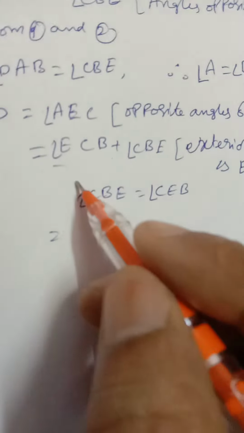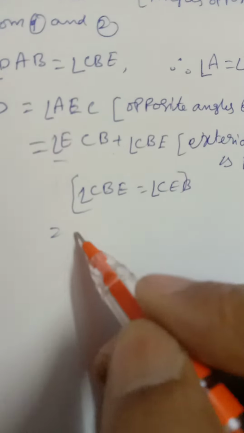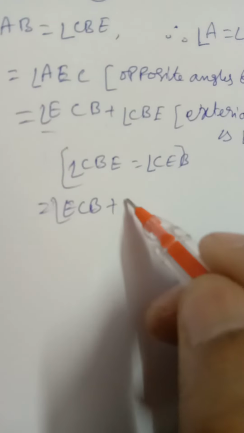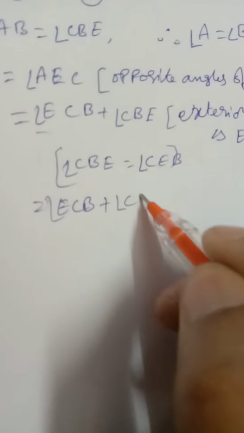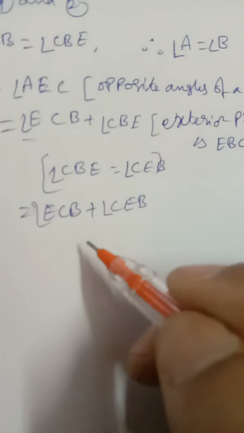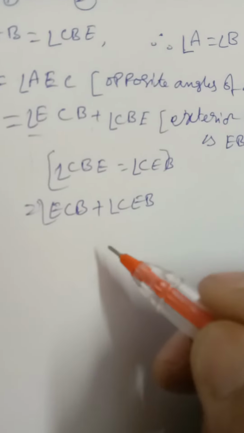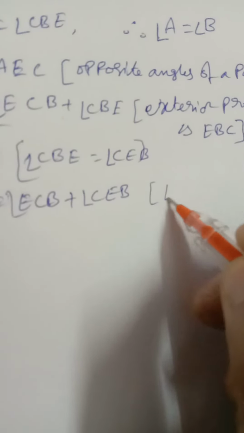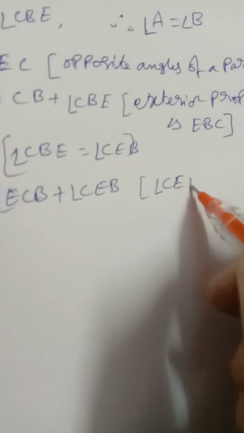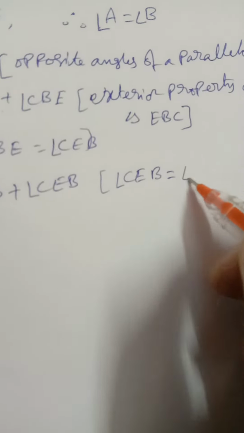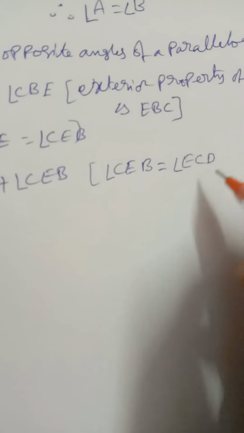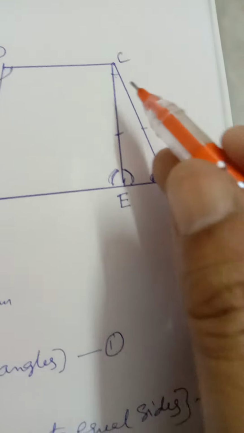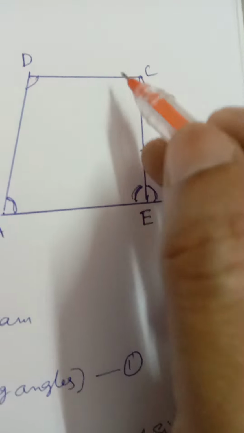Therefore angle ECB plus angle CEB, and angle CEB is equal to angle ECD.